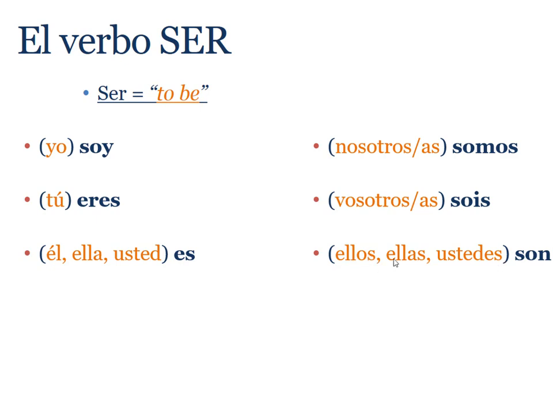So ellos or ellas or mis amigos or los profesores, when it's a group of people and I'm not including myself, when I'm not including a you, it's going to be they, and that's going to go with son. So if you want to say they are smart, ellos son inteligentes. If that they is a group of only female, then you'll be using ellas, okay? So ellas son. So those will be the forms.